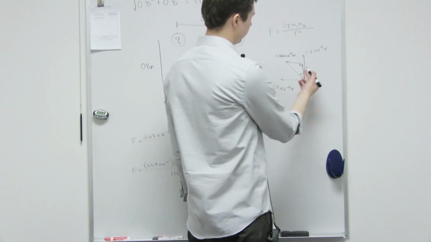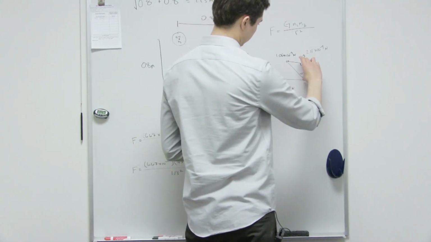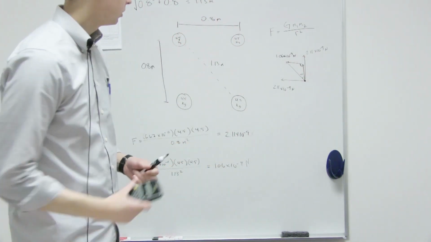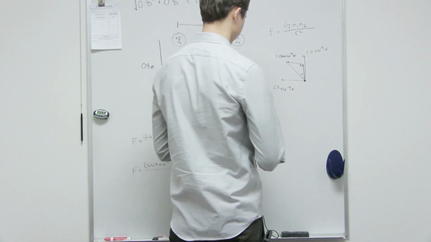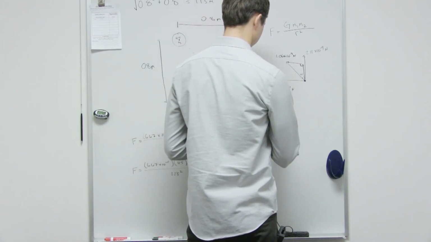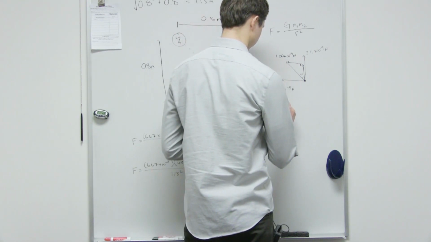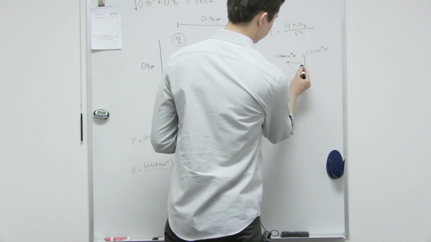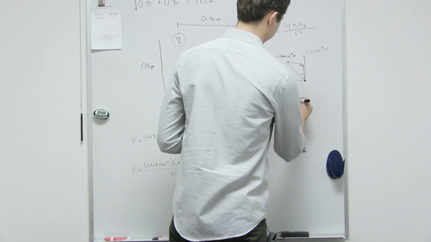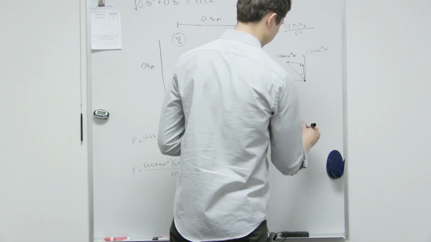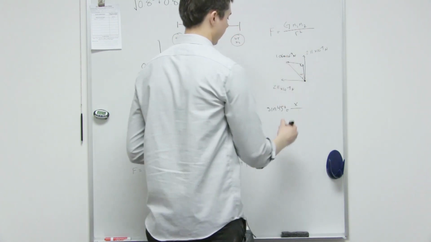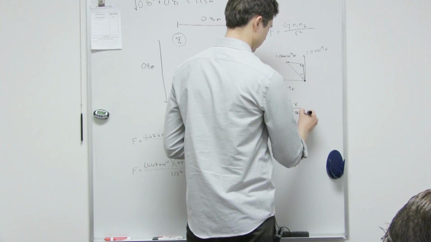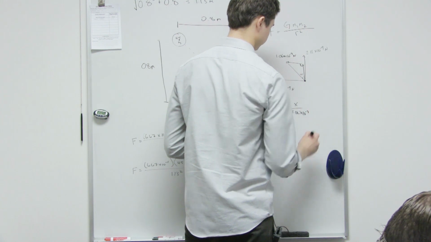Okay, good. So 45-degree angles are nice because once we find the magnitude of one of these sides, we know the other side is going to be the same. So if we do sine, for example, sine of our 45-degree angle is equal to our opposite side, which we can call our x component, divided by our hypotenuse, which is 1.06 times 10 to the negative 9.